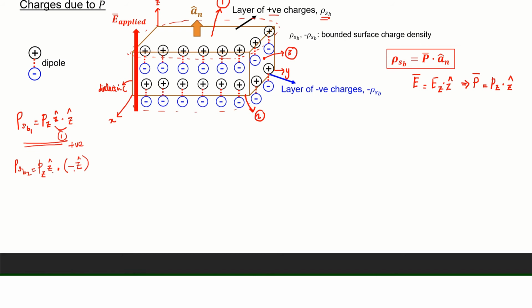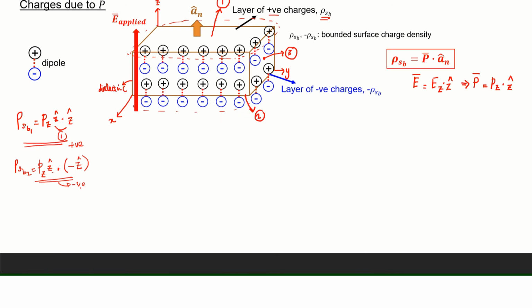The dot product gives 1 but with the minus sign, so the value will be negative. It means that the direction is different.